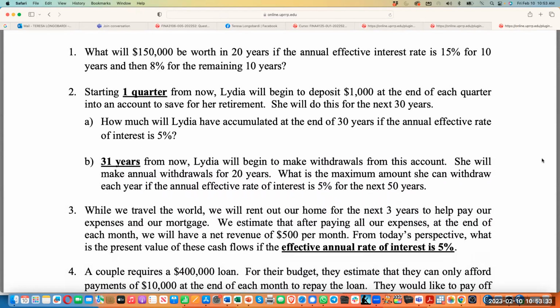What I'm doing is the same sort of problems from unit 1, but I'm going to integrate the interest rate conversion. So you need to take time to review all of that. I'll take some time to review that with you as well.